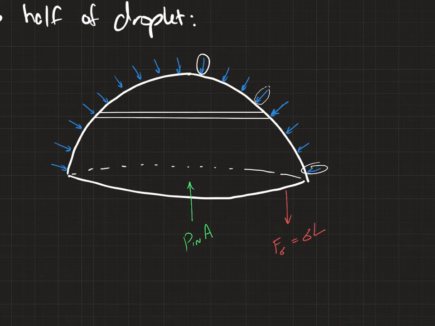The pressure on the outside, well, that's P out, and it's acting on this little differential area. So the total force of this whole pressure on that thing is the pressure out times the area over which it's acting. Don't let that d confuse you. It just means it's a small little area.